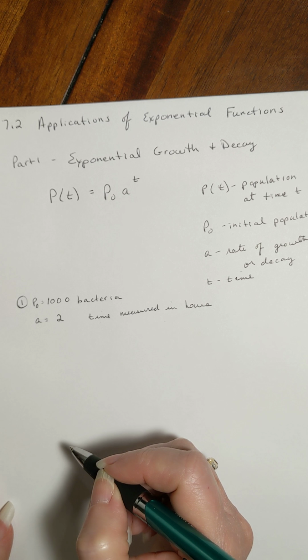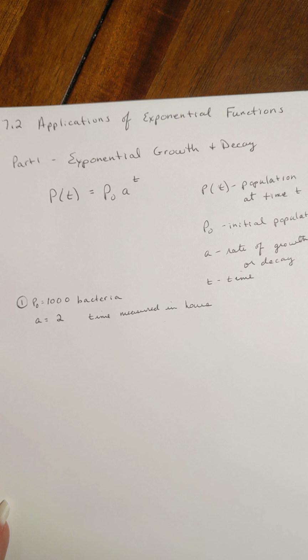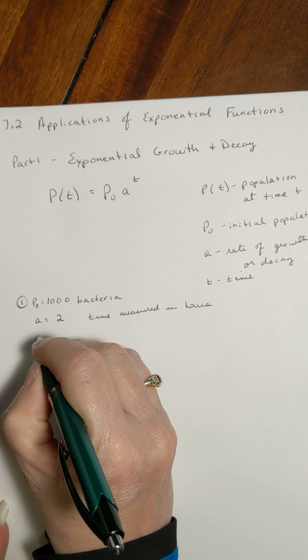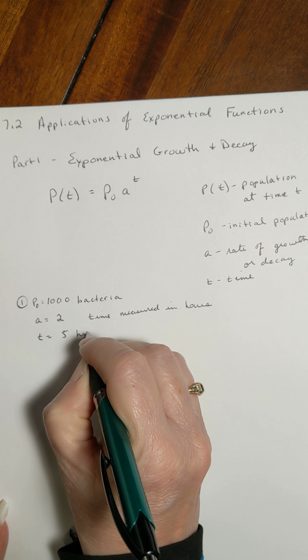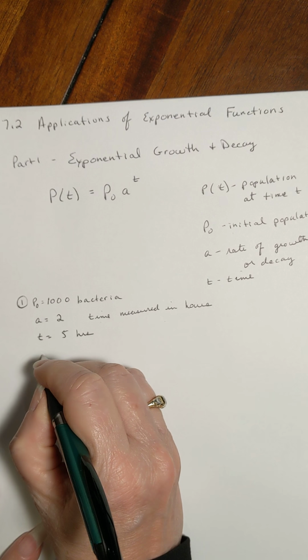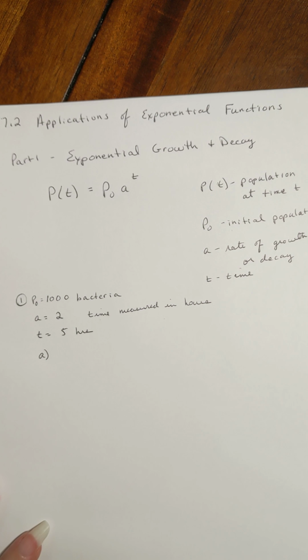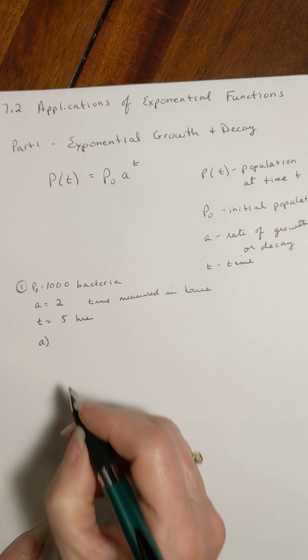And then it says, what will the population be at the end of 5 hours? So that would be our time, 5 hours. So the first thing it says is find the equation. Part A says, find the equation for the population at time t.